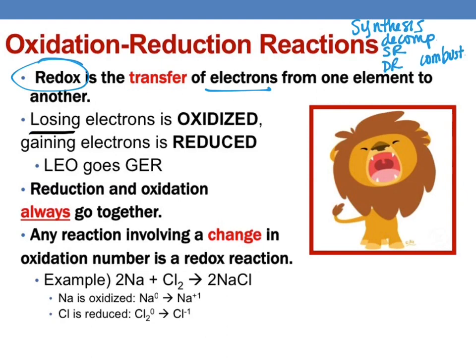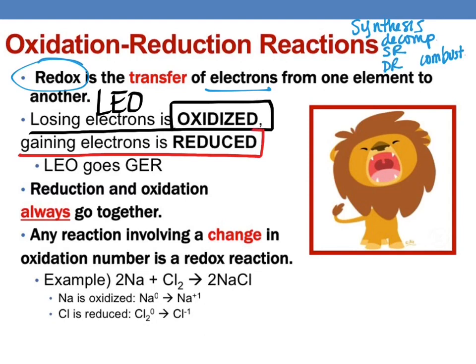If something loses electrons, it is classified as being oxidized. So we like to call that LEO, losing electrons oxidized. If one is losing electrons, something else has to gain electrons, and the one that is gaining is reduced.